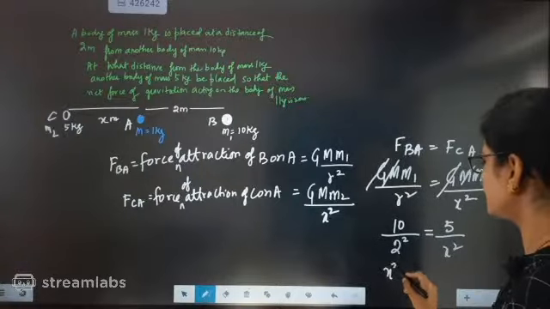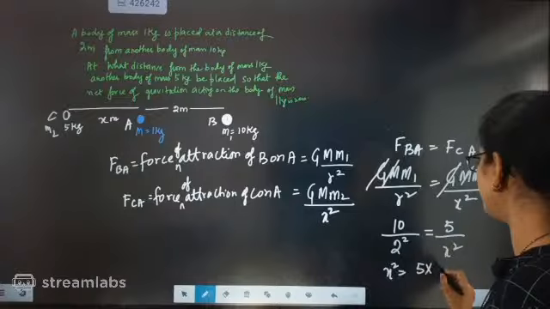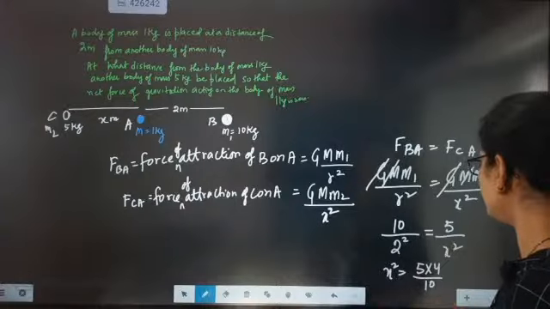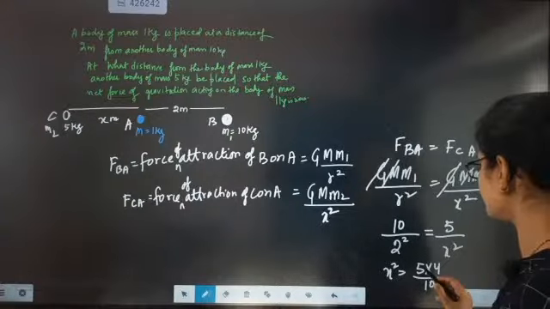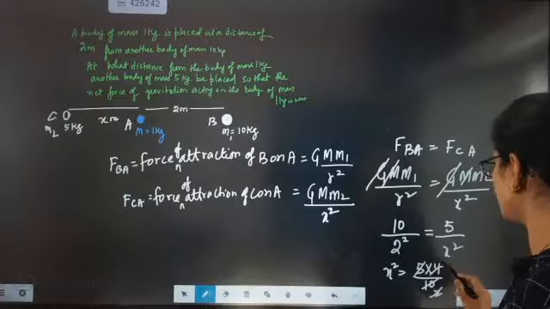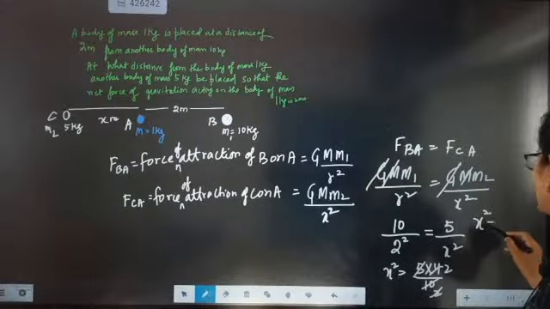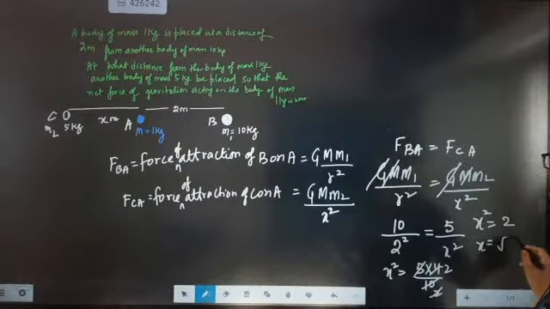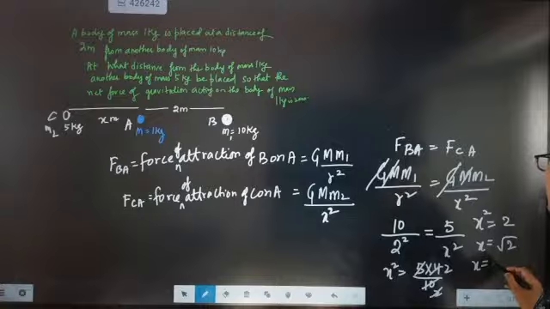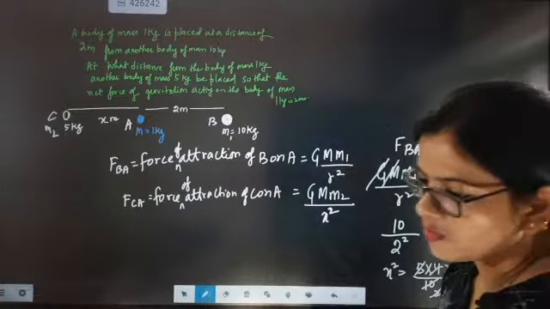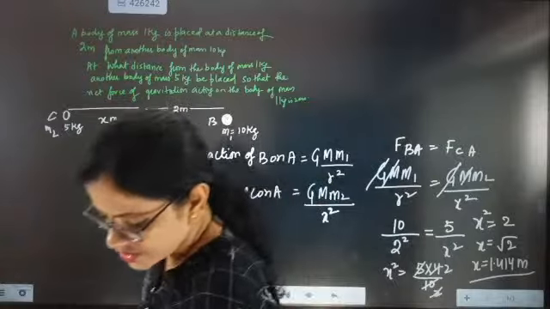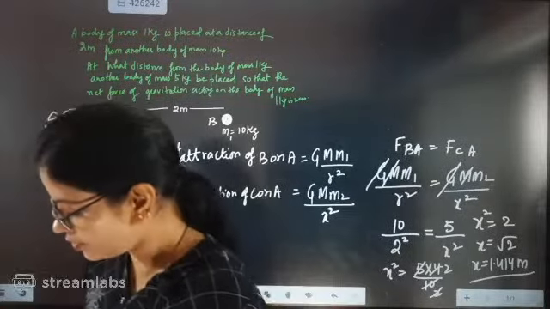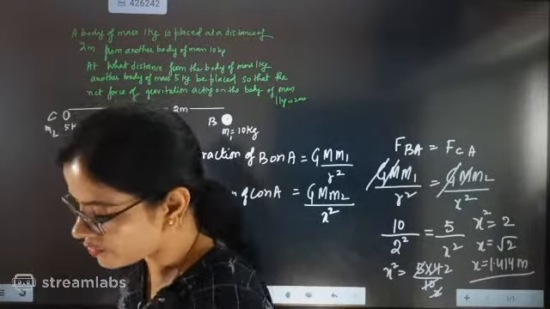So x square equals 5 into 4 by 10, which gives x square equal to 2. So x equals root 2, which is 1.414 meter.